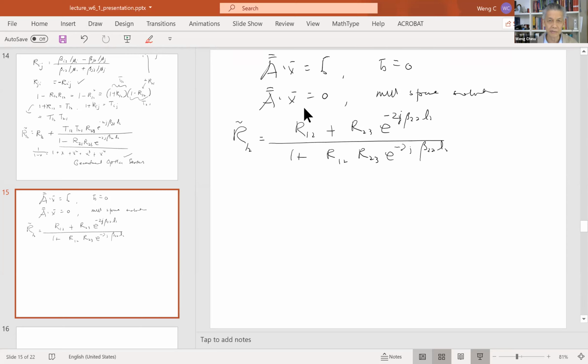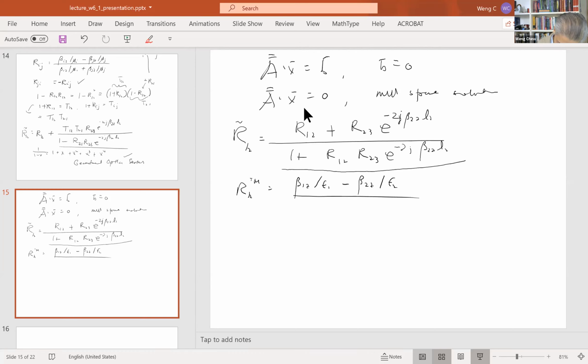Can anybody tell me when this reflection coefficient would go to infinity? It will go to infinity if the denominator goes to 0, just like the surface plasmon case. In the surface plasmon case, we said that R12 for TM was given by something like beta 1z over epsilon 1 minus beta 2z over epsilon 2, over beta 1z over epsilon 1 plus beta 2z over epsilon 2.